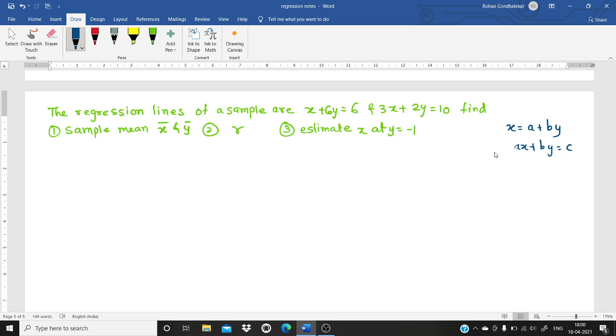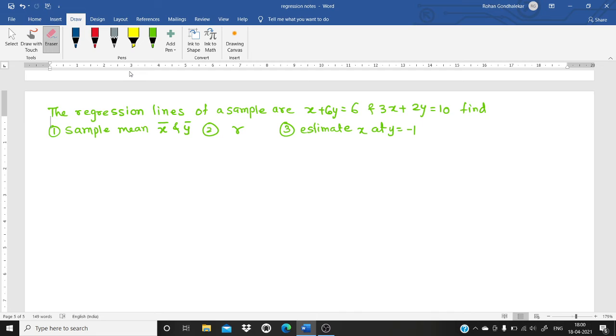How will you decide that? You must fully depend on the second part of this problem, that is the calculation of the correlation coefficient. While calculating the coefficient of correlation, it will tell you which one is the line of regression y on x and which is x on y. Okay, so we'll discuss that part later.